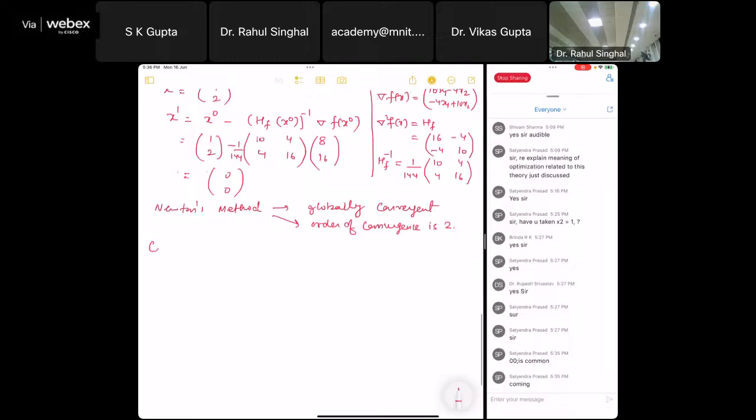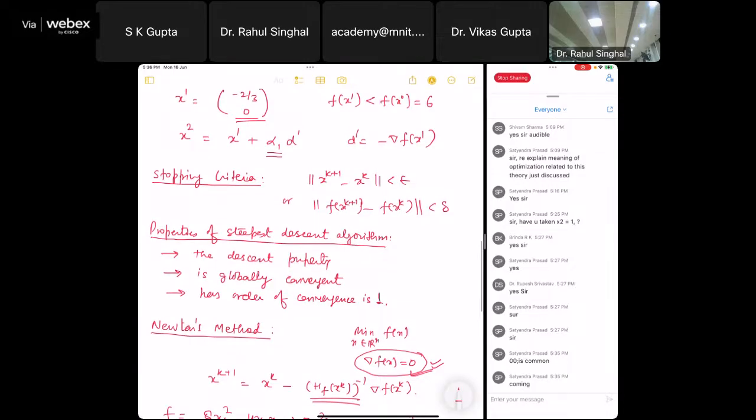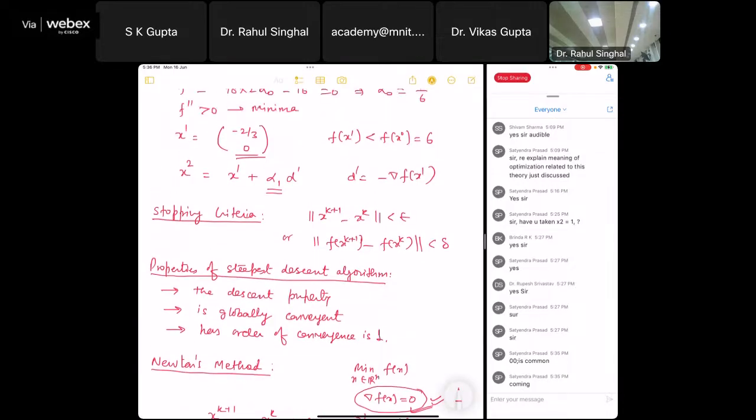What this method is basically. So I hope you understood what basically these schemes mean, or why we are going for these schemes, right?